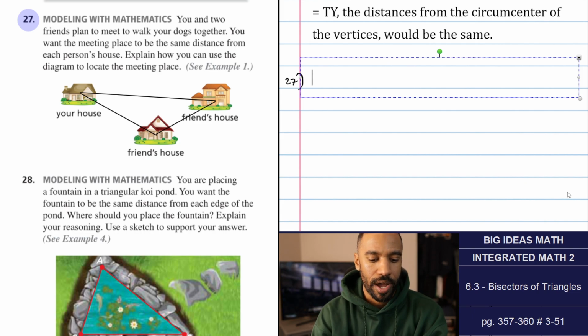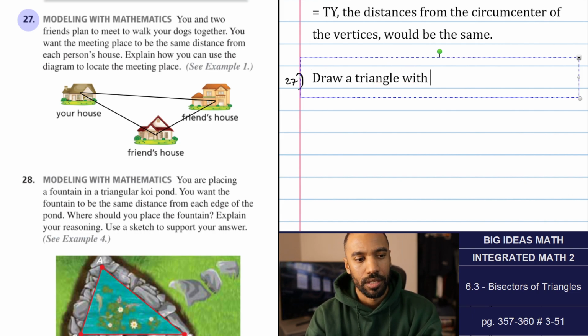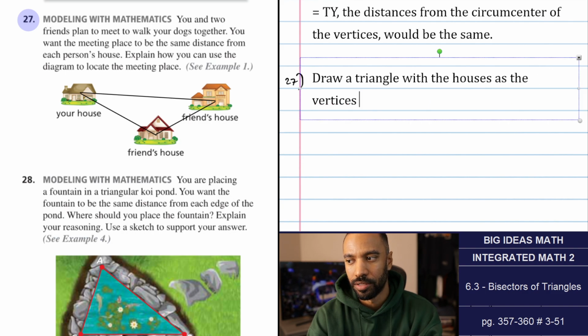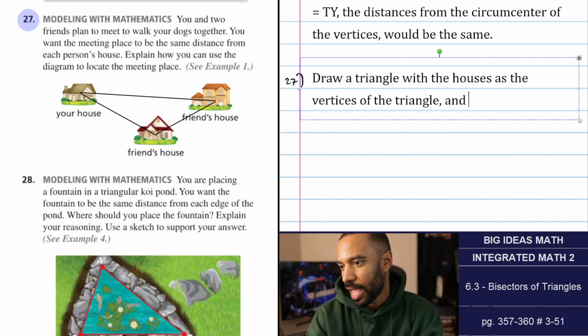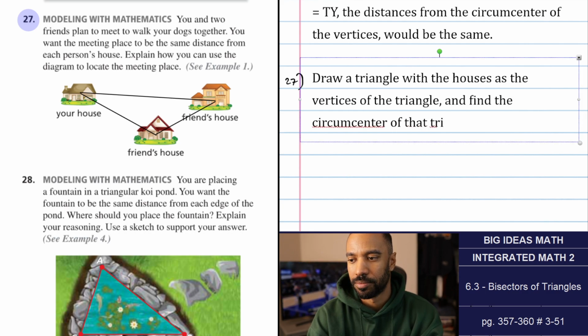Your friends draw a triangle with your houses as the vertices of the triangle, and find the circumcenter of that triangle.